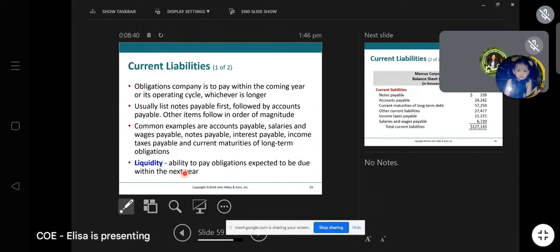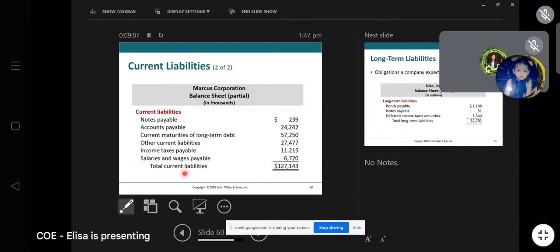This measures the liquidity of the business, whether there are enough current assets to pay your current obligations. Common examples are accounts payable, salaries and wages payable, notes payable, interest payable, income taxes payable, and current maturities of long-term obligations.